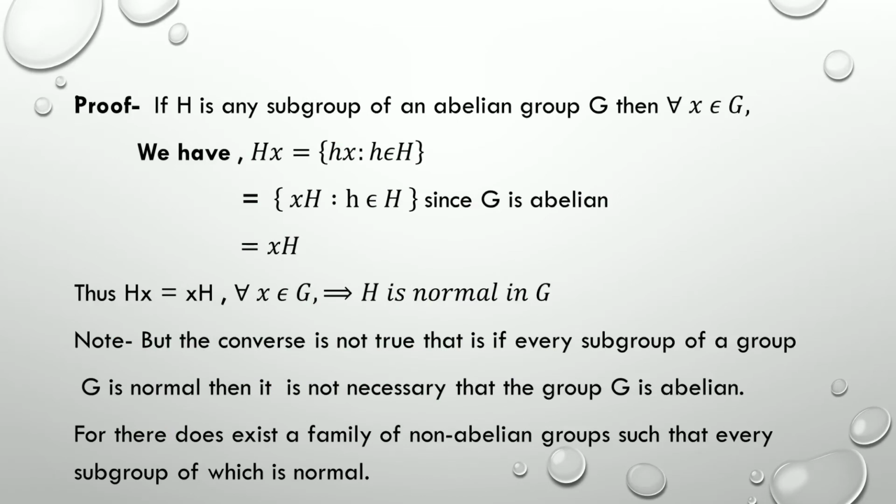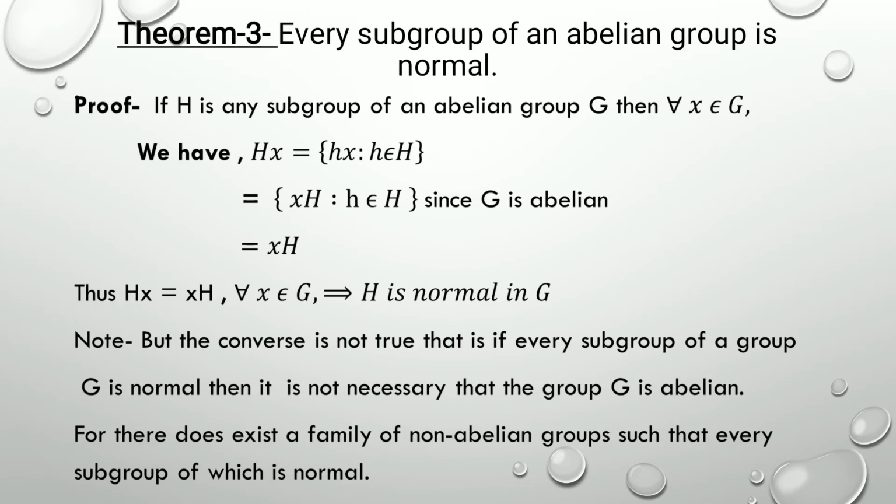Now the third theorem. Every subgroup of an abelian group is normal. Here the proof is: if H is any subgroup of an abelian group G, then for every x belongs to G, we have Hx equal to the set of all hx such that h belongs to H. Then it is equal to the set of all xh such that h belongs to H, since G is abelian.